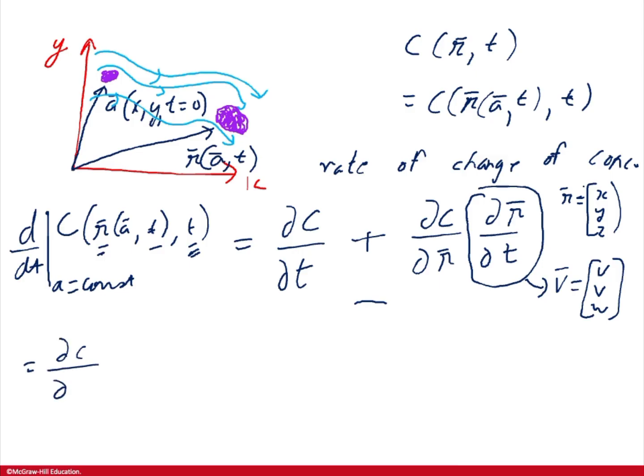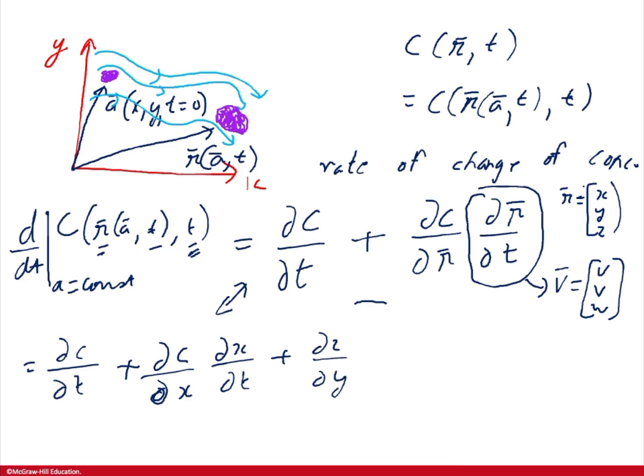So this is essentially saying: dc/dt plus dc/dx times dx/dt, plus dc/dy times dy/dt, plus dc/dz times dz/dt, right?